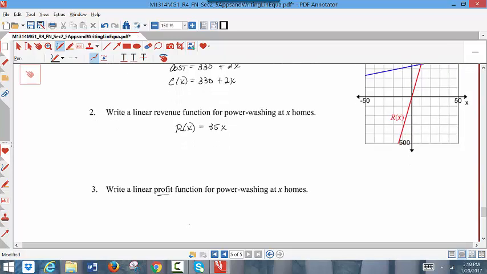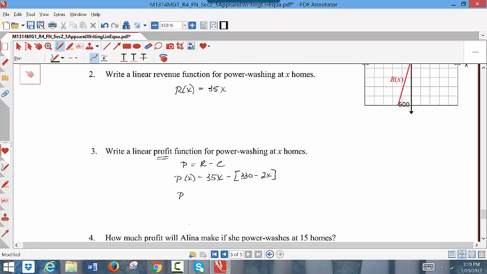What is her profit function? Well, that's the easiest part. The profit is going to be the revenue minus the cost. So the profit in function notation is her revenue, which is 35x, minus the cost, which is 330 plus 2x.